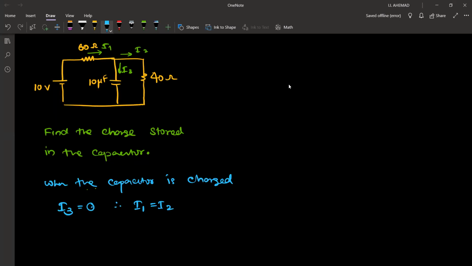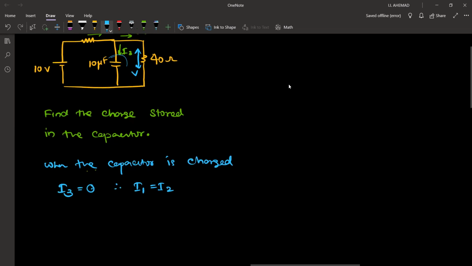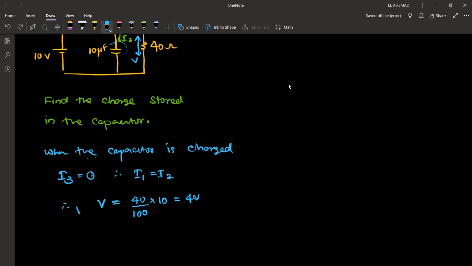Then you can consider, for a while, forget about this capacitor. You can consider this one just like a potential divider. Therefore, V is equal to 40 over 100 into 10. That is 4 volt. That is also equal to VC. VC is equal to V, and that is equal to 4 volt. So Q is equal to CV.